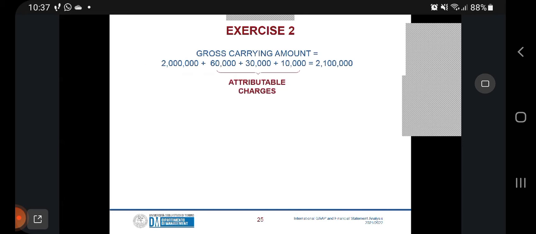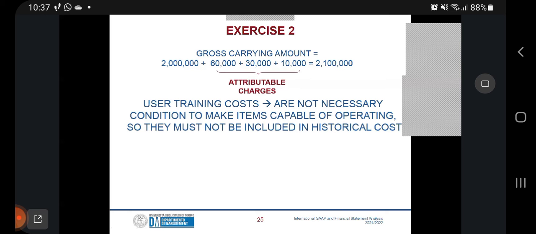First of all, we have to start from, again, the gross carrying amount, namely the historical cost, which is equal to 2 million, plus the attributable charges. But you don't have to consider the user training costs, because they are always recognized in the income statement. Well, the final amount of this machine, I don't remember, is equal to 2.1 million.